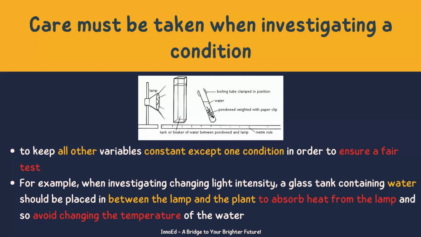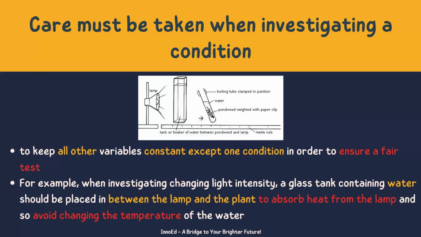But here is a pitfall. Since we use a lamp to change the light intensity, the lamp also gives off heat. So not only the light intensity, but also the temperature will change in this investigation. So the tests are not fair anymore.